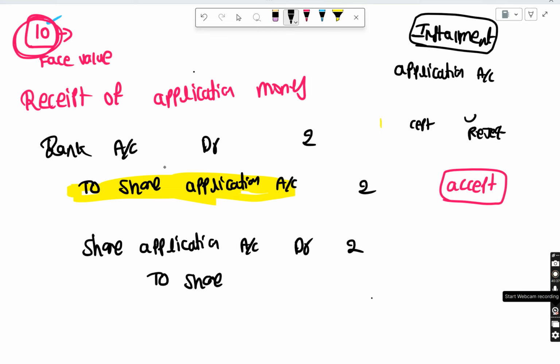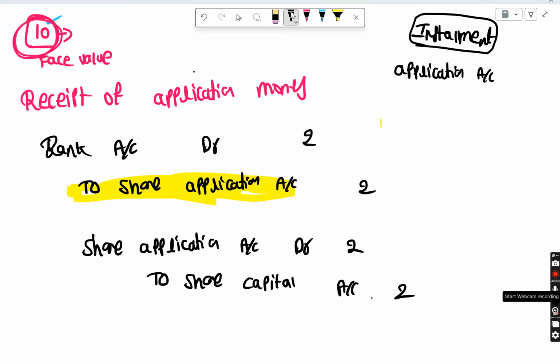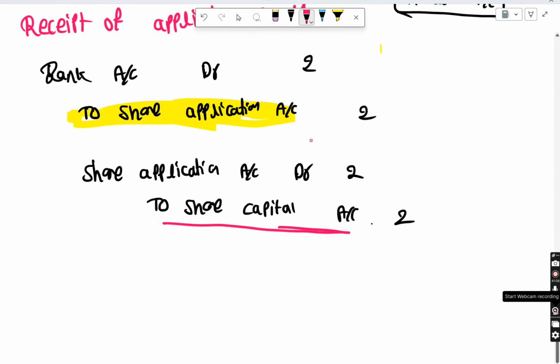Okay, Sanjana, what is the journal entry when you reject it? Yes, sir. Share application account debit to bank account. If you accept it, the money will go to the share capital. If you reject it, the money will go back to the bank, refunded.